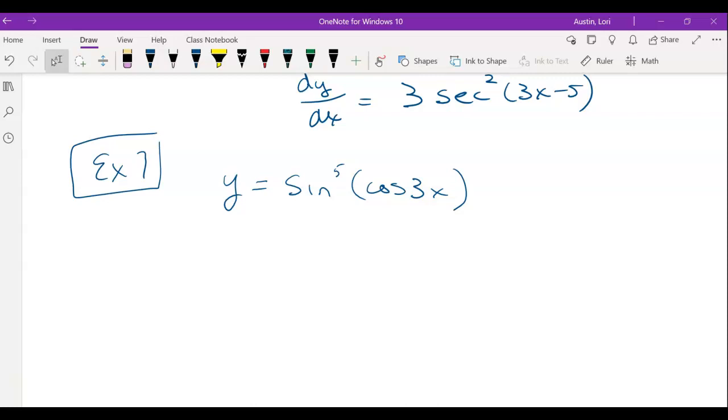But we can do that. There's no right or wrong here. You can approach this different ways and still get the same answer. If I let u be cosine 3x, then y becomes sine to the 5th power of u.